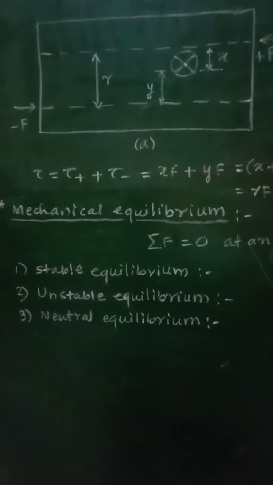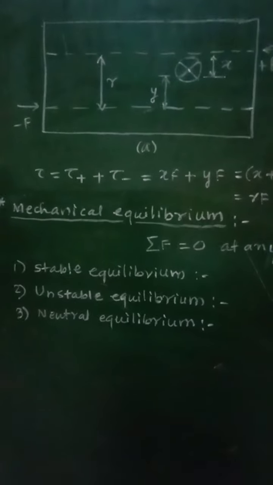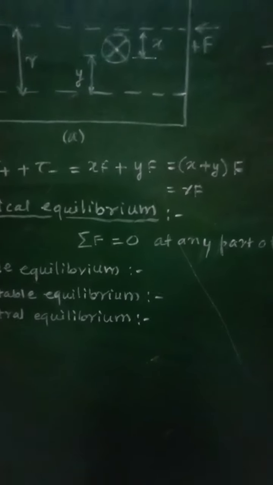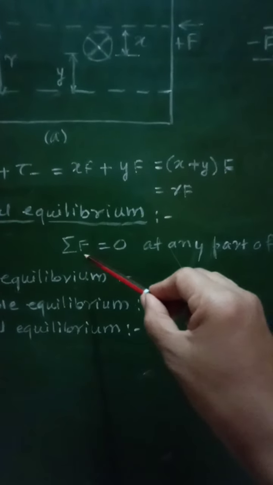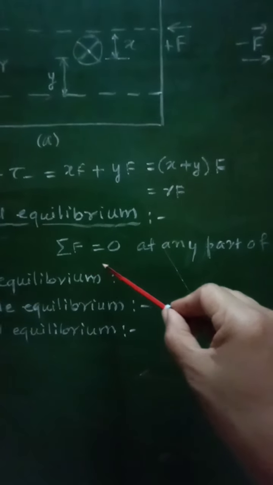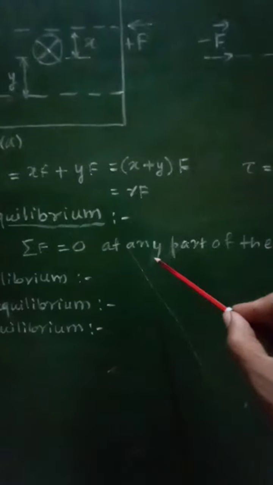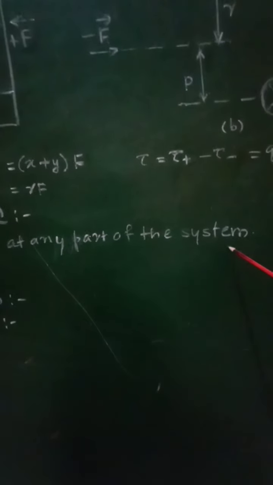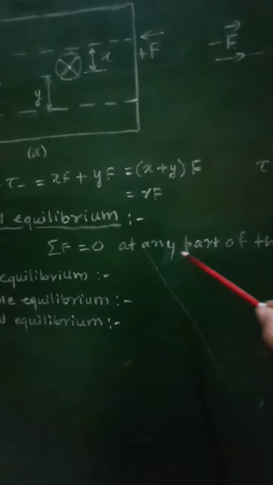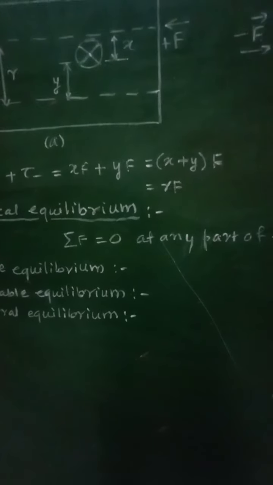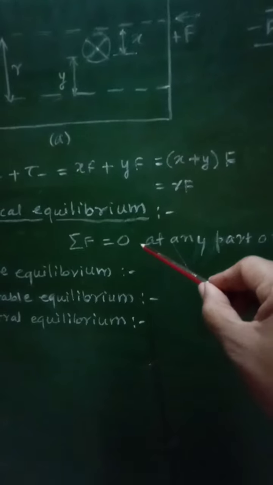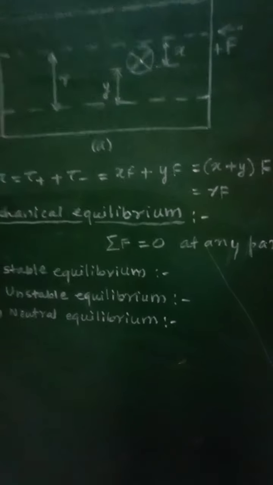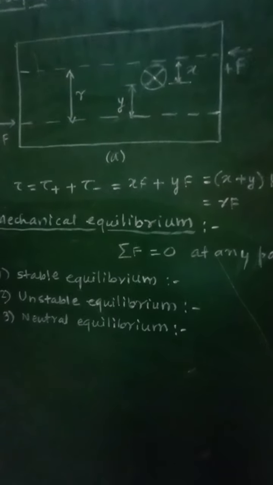And therefore, for mechanical equilibrium of the system, the sum of the forces, that is summation F, will be equal to 0 at any part of the system. So for mechanical equilibrium, the net force must be equal to 0, that is the sum of all the forces must be equal to 0.